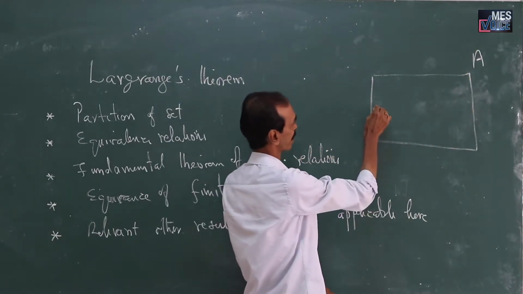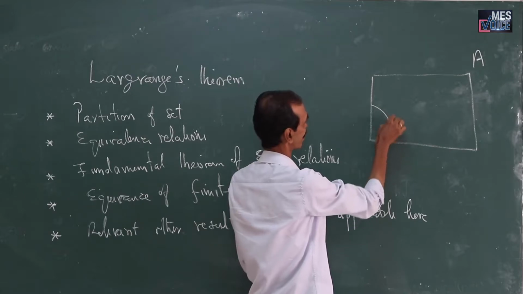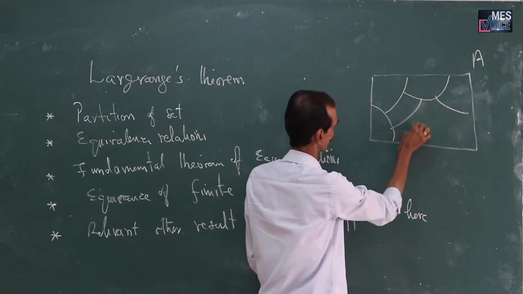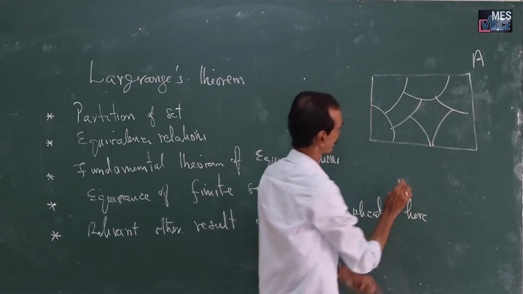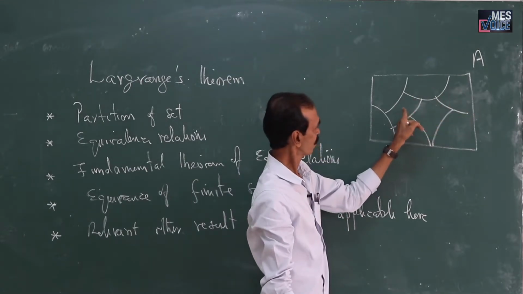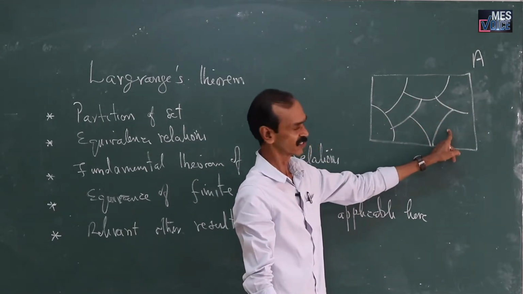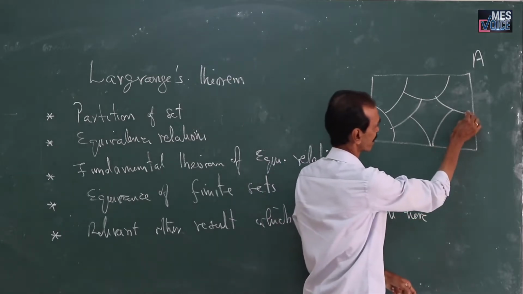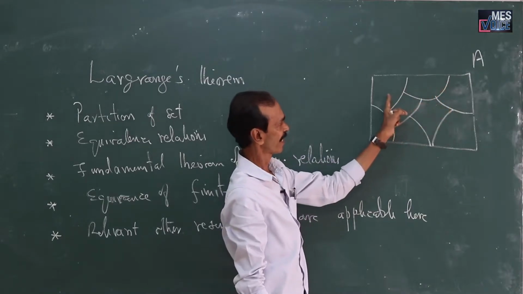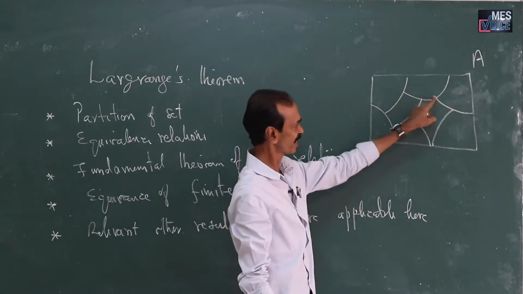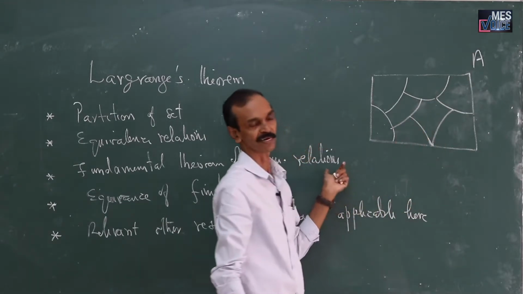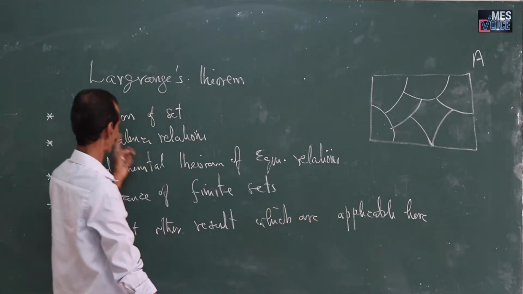We can describe a partition of A simply by dividing it into several parts like this. You can see that here there are 1, 2, 3, 4, 5, 6 and 7 subsets. As shown in the diagram, their union is the full set A, and if you take the intersection of any two of them, you can see that they are pairwise disjoint. So, that is a partition.